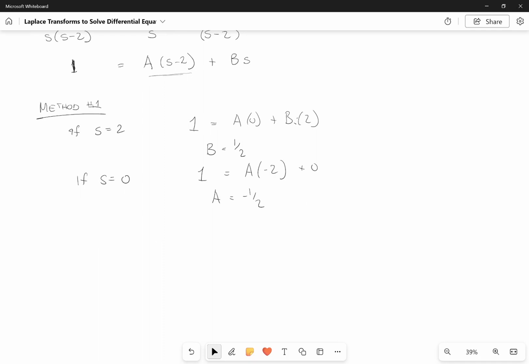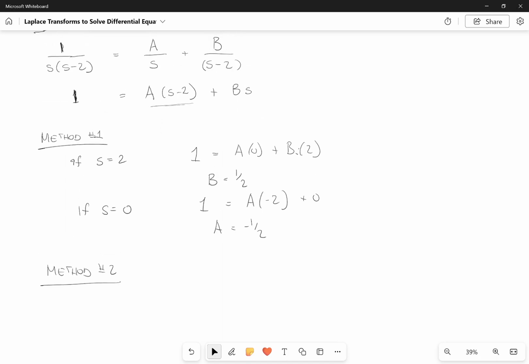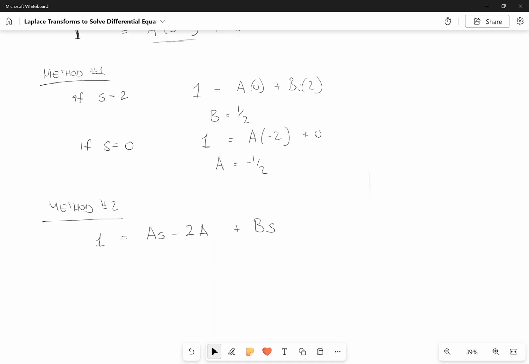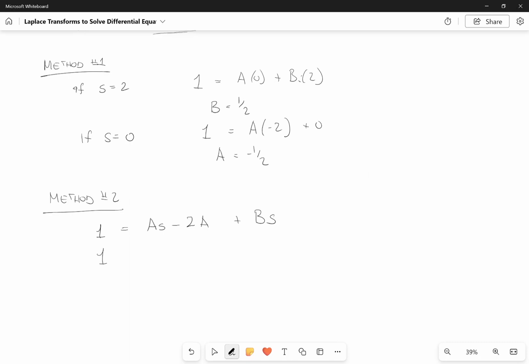Another way to solve for A and B, you're going to get the same result, is to get the powers of s to be the same. So what we had, our equation was 1 is equal to As minus 2A plus Bs. And then collect the like powers of s, so that 1 is equal to (A plus B)s minus 2A. Now on the left-hand side, there's no s.